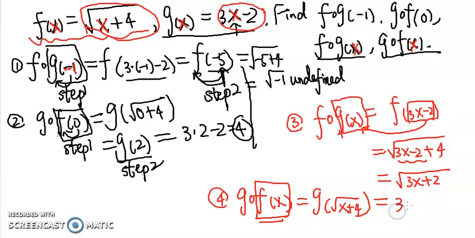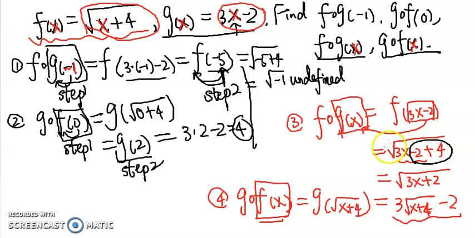So we will get 3 times the square root of x plus 4, and then minus 2. Notice there's nothing more we can do, because we cannot simplify this any further: this minus 2 is not within the radical sign. We cannot combine them. Previously we were able to combine them because both were within the radical sign.